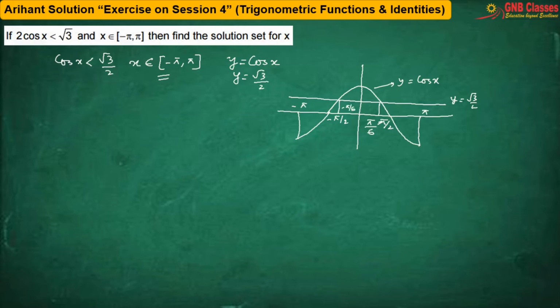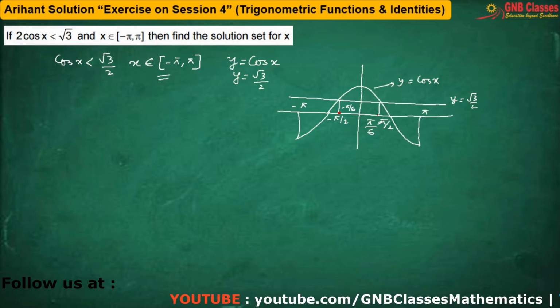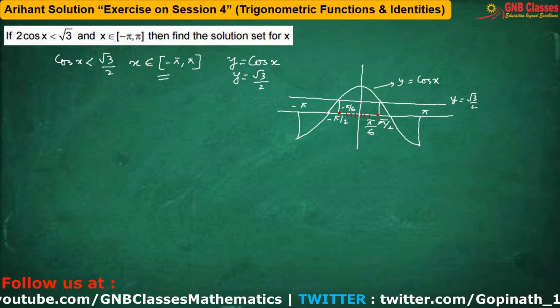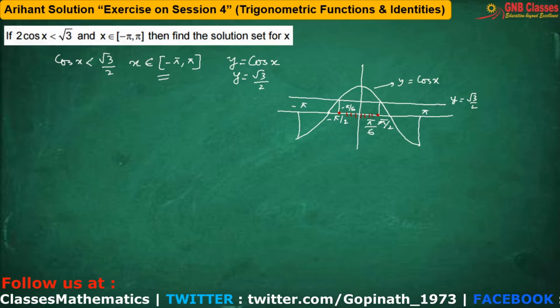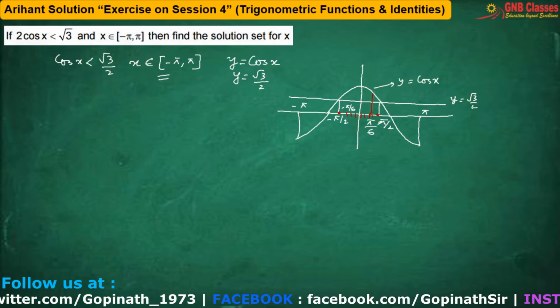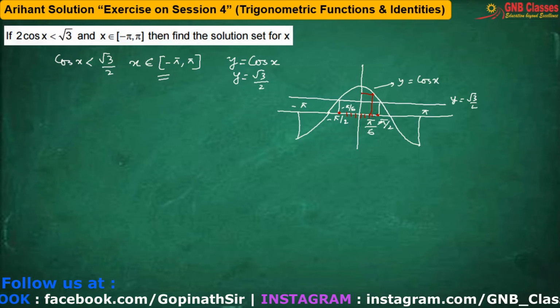Okay. Now, we have to find out the solution set for x for which cos x will be less than root 3 by 2. Now you see, if you choose any value of x between minus pi by 6 and pi by 6, you are going to get the corresponding value of cos x, which is more than root 3 by 2.